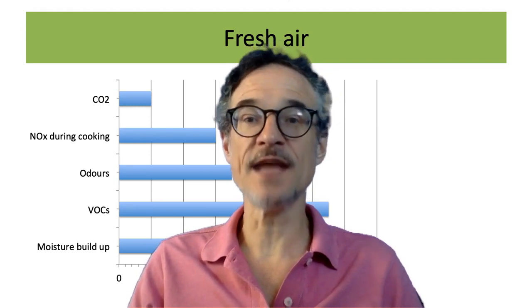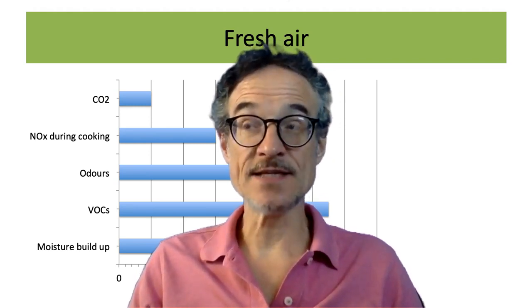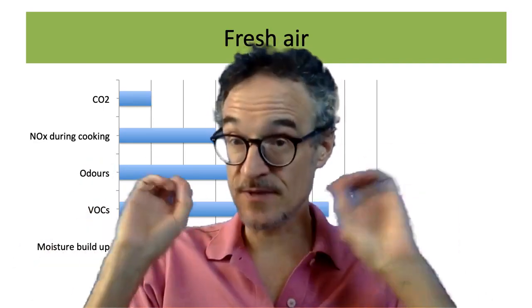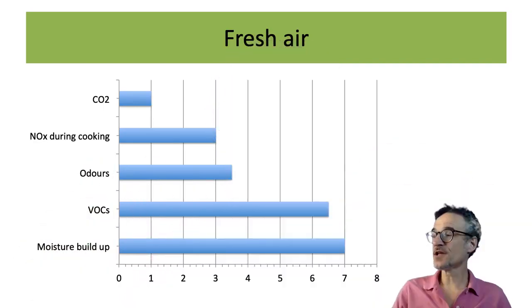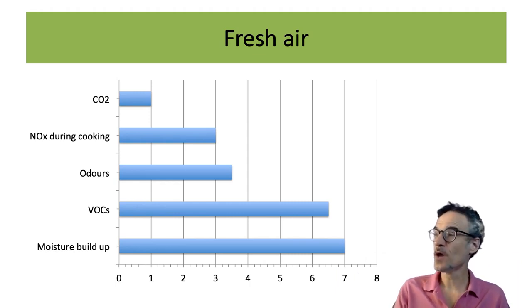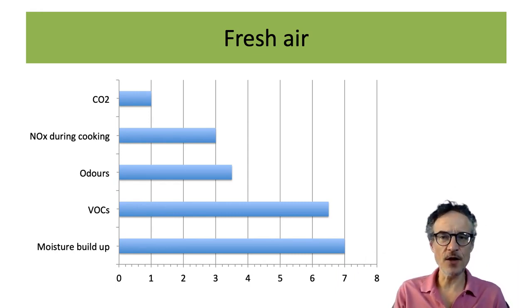And most ventilation we need is to get rid of things in the air, not to bring things in, but to let things out. For example, if we're cooking, especially if you use gas, but anything that you're cooking releases chemicals into the air, things start to smell.